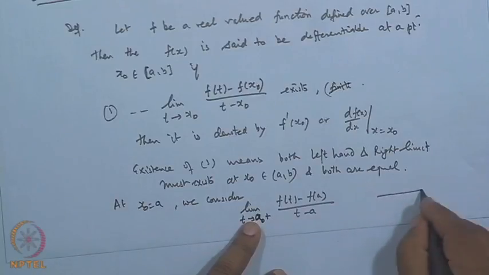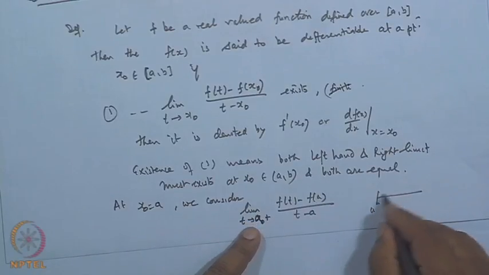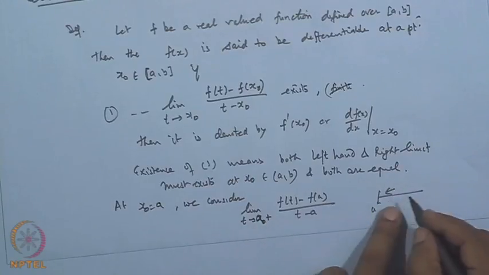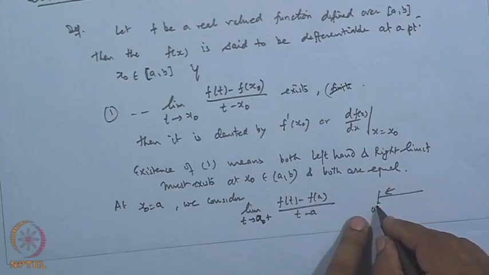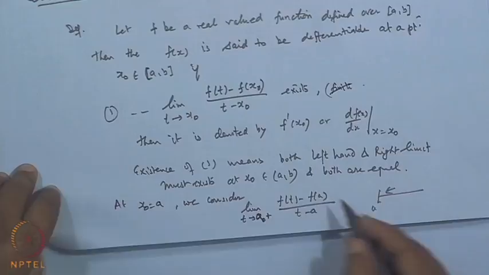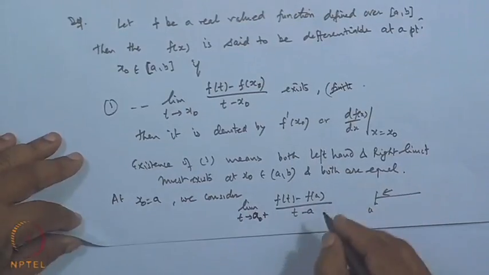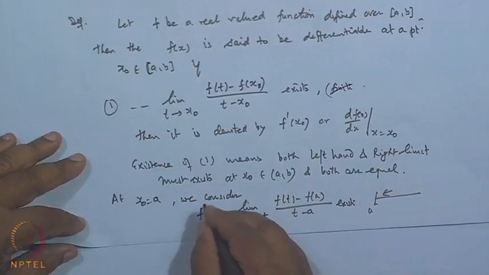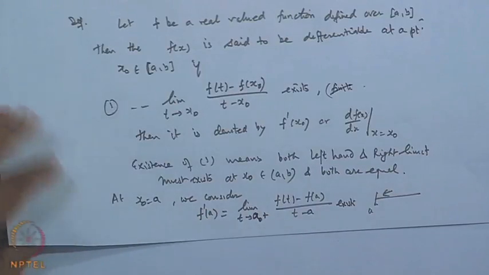So, this is the interval [a, b]. We will look only at the points approaching a from the right hand side of a. So, t tends to a plus. If the right hand limit exists, then we say the derivative of the function exists at the point a.